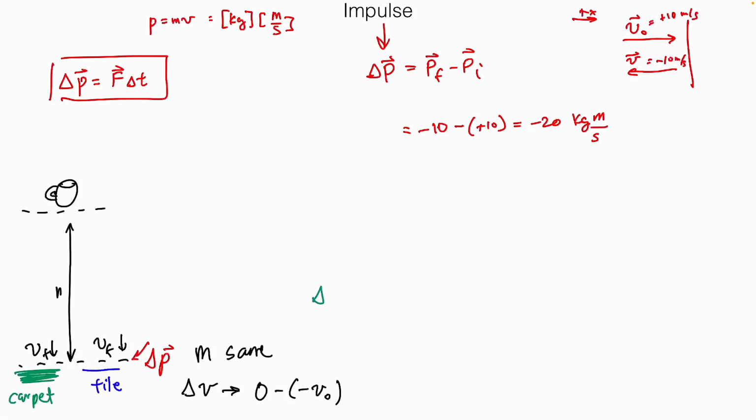So if we do the impulse, force, time for the carpet, and we do the impulse, force, time for the tile, this T is bigger than this T over here, which is smaller, which means the force is going to be smaller, but this force is going to be much bigger.